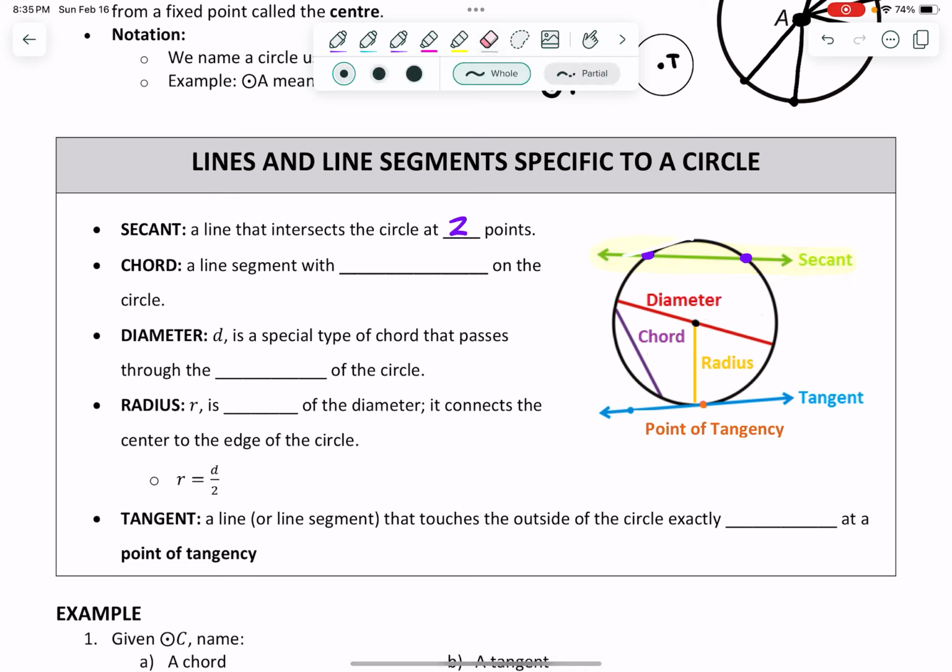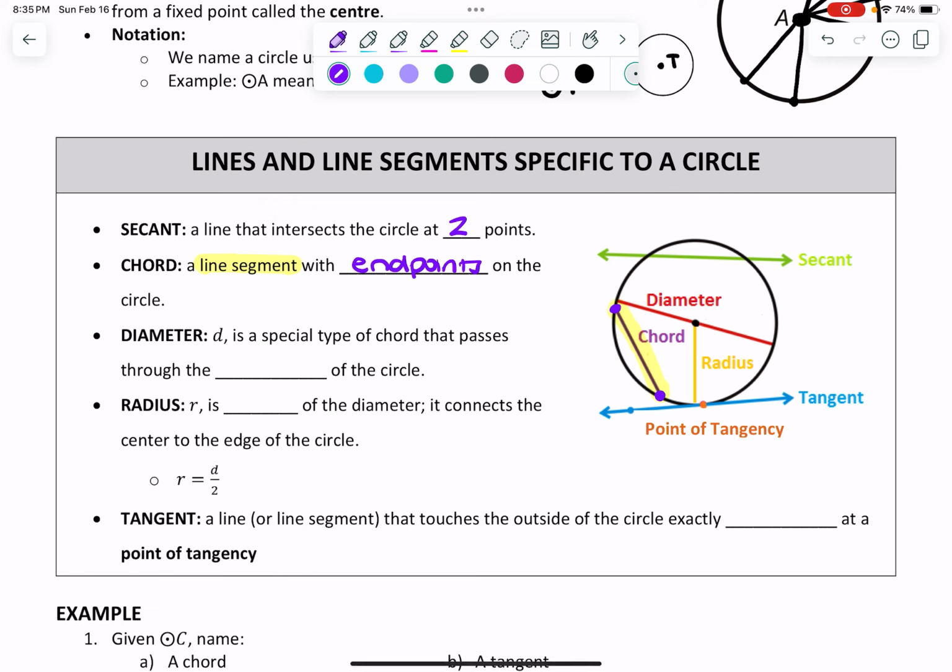Next, we have a chord. Now, a chord is this guy over here, and a chord is specifically a line segment, so it does not go on forever. It specifically has endpoints, and those endpoints exist on the circle.